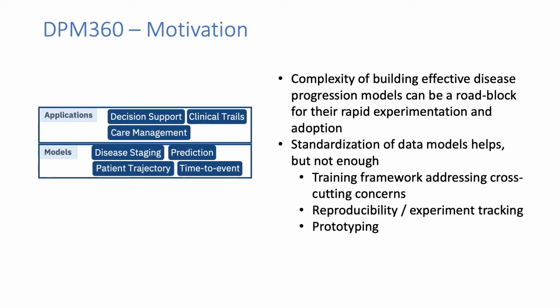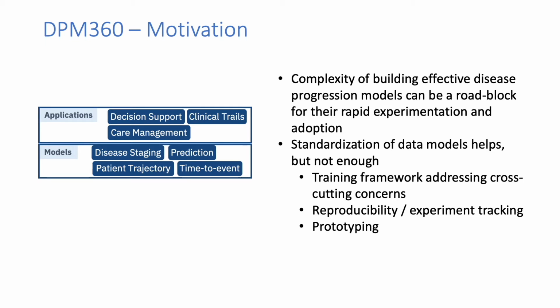Some of this is addressed by the standardization of data model and tooling for data analysis and cohort selection provided by the OHDSI. However, there are still some unmet needs to facilitate the development of advanced machine learning techniques such as deep learning, which have additional requirements such as experiment tracking for reproducibility.